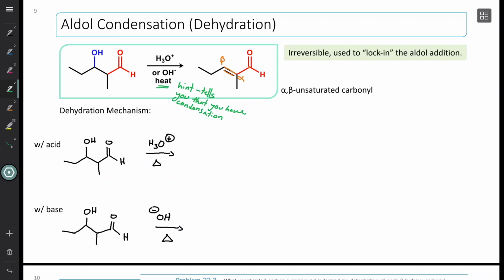So let's look at the mechanism with an acid. With an acid, this alcohol will be protonated first. So we will get this structure, right? And then we will deprotonate this alpha hydrogen.